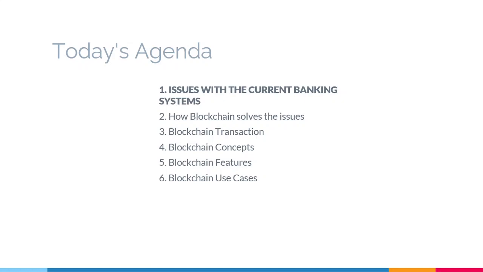Now, if a transaction has to take place, there needs to be certain medium, and that's exactly what blockchain is. Moving on from there, we talk about the various blockchain concepts and features, as well as where blockchain is being used apart from the banking domain.